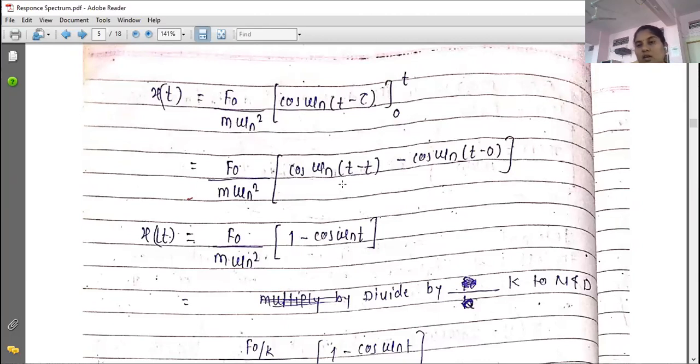So the limits are here, 0 to t. Put these limits, replace tau by 0 and tau by t, the upper limit and the lower limit. Okay, and from this you will get the x static, dividing by k on the numerator and denominator, that will be the same, and you can calculate the last formula.